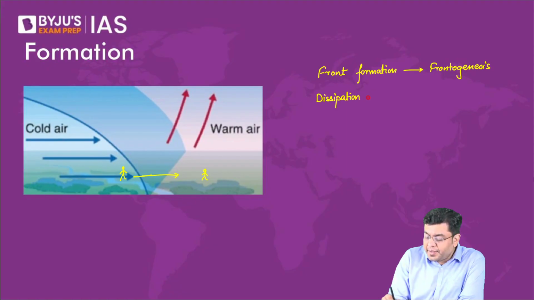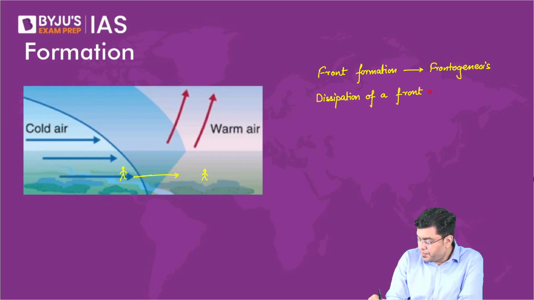Vivek, is that understood now? What is a front? Is the basic understood, or is there no clue still what is going on? Dissipation of a front. From where are you feeling that there is no clue? Frontolysis.